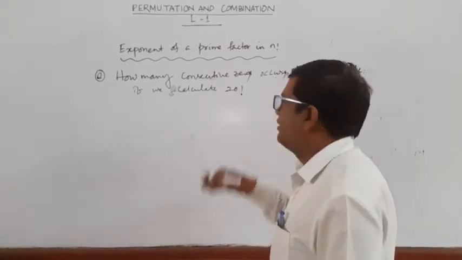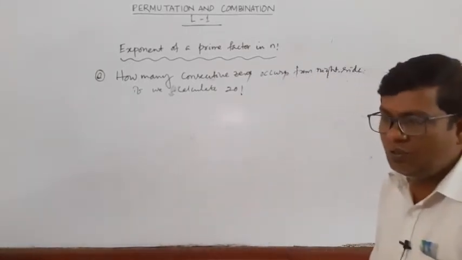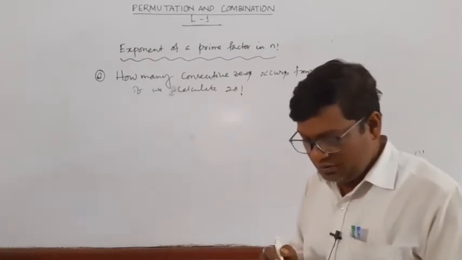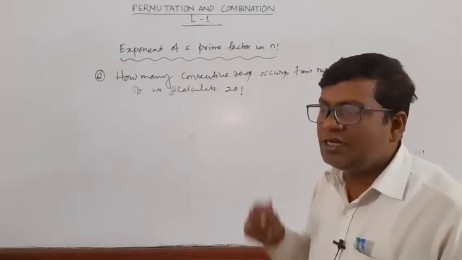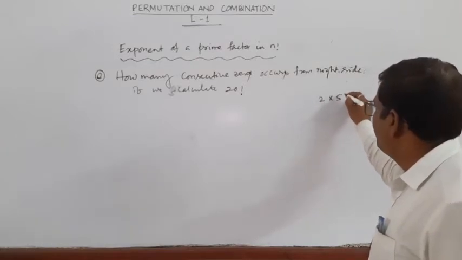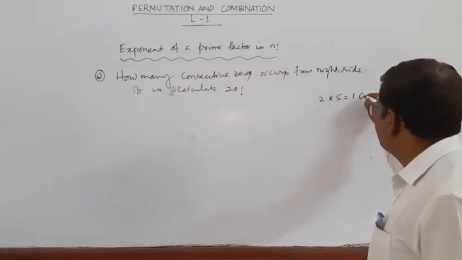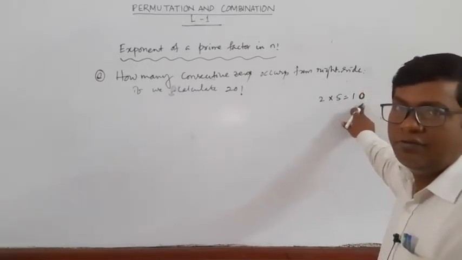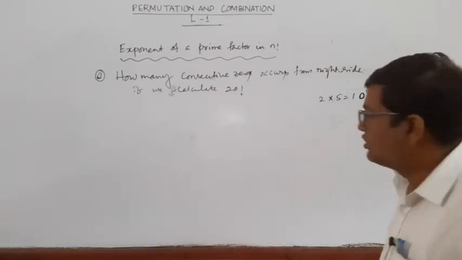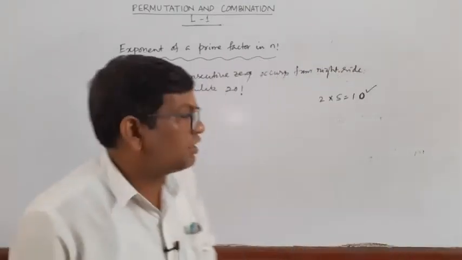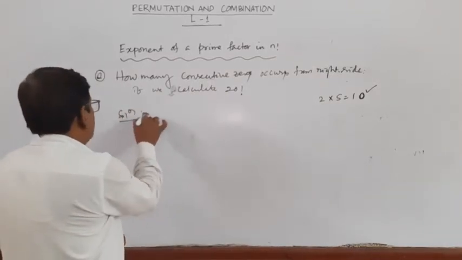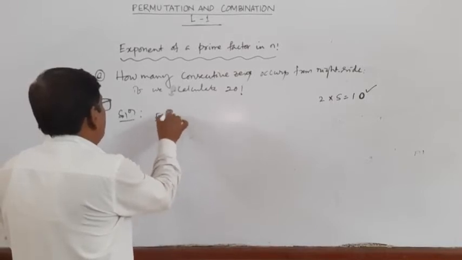Consecutive zeros from the right side occur when two prime numbers are multiplied. Such prime numbers are 2 and 5. If we multiply them, we get 0 on the right side, since 10 means a 0 on the right side. Only these prime numbers are considered here. Now find the exponent of 2 in 20 factorial.